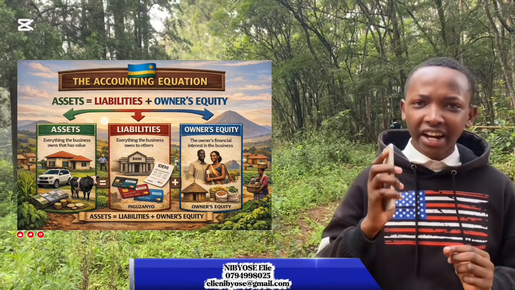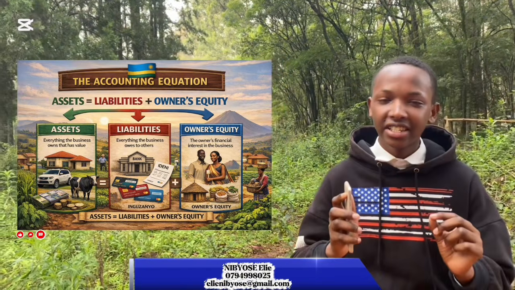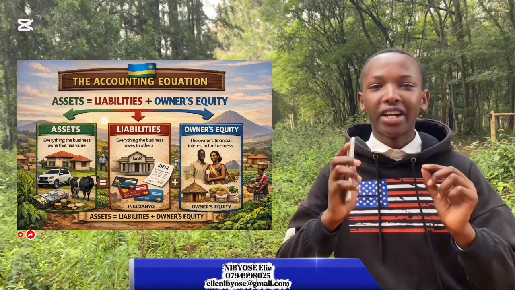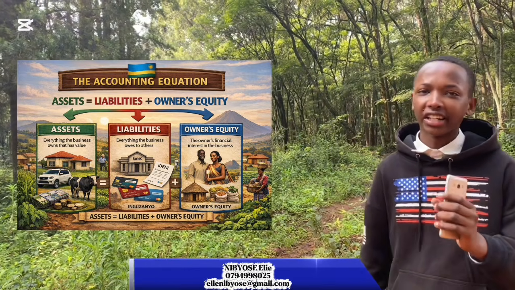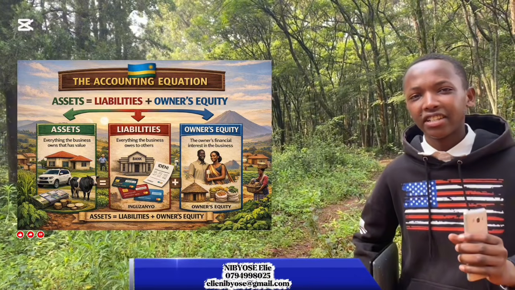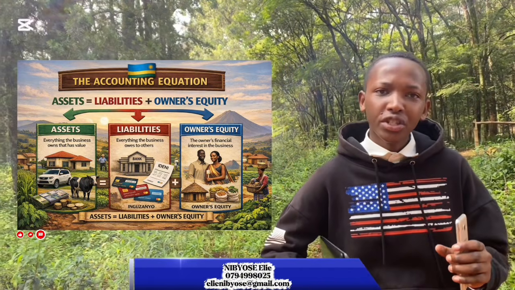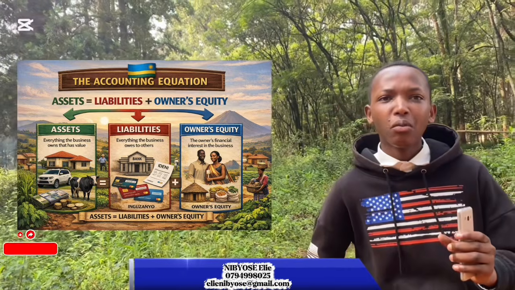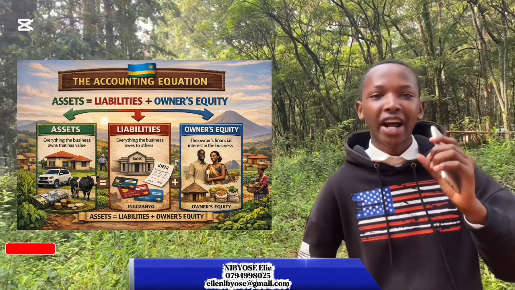It shows the relationship between assets, liabilities, and the owner's equity of the business. It shows that what belongs to the business, or assets, is always equal to what the business owes, or liabilities, plus what belongs to the owner, or what we call owner's equity.